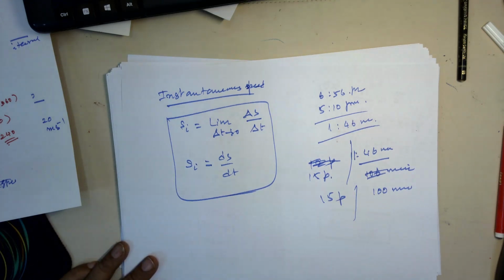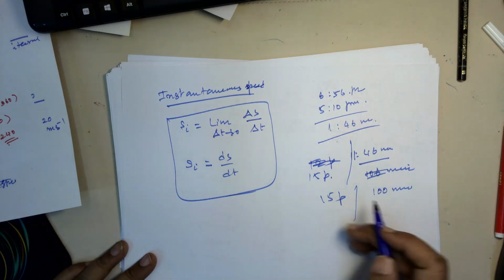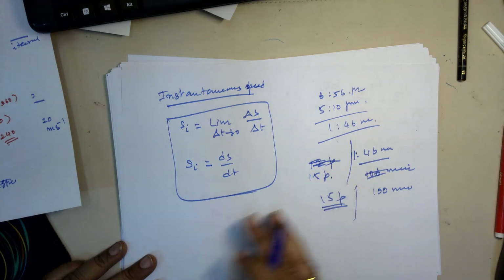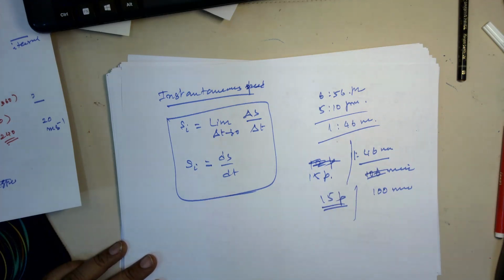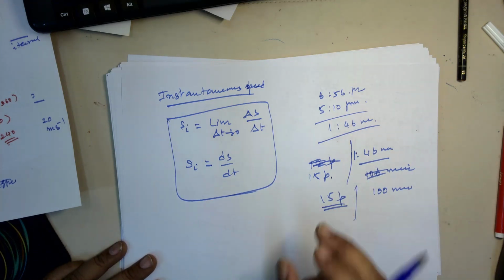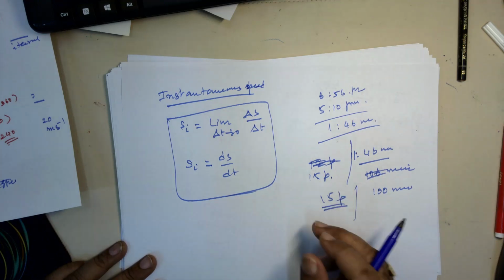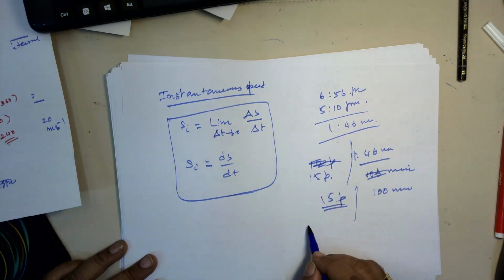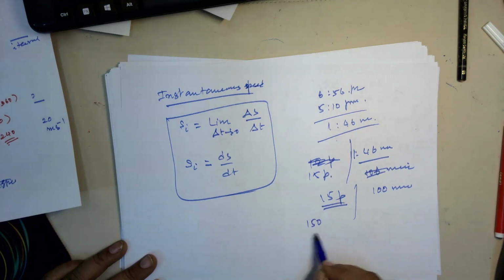Let us assume you are good girls. For each page, I ask you about 10 marks. It means you can score 150 marks out of 150 marks, right?